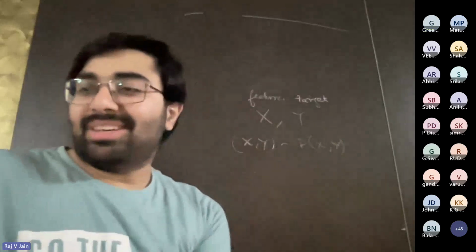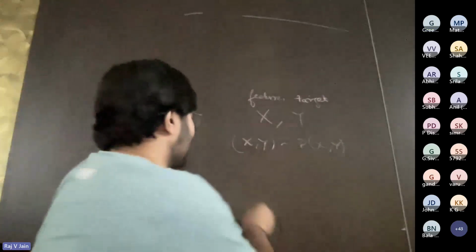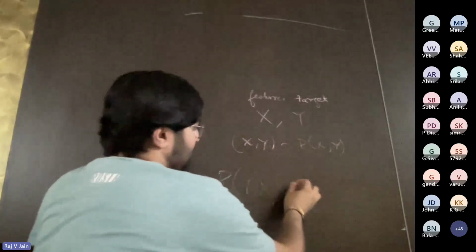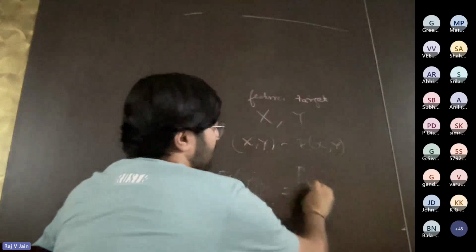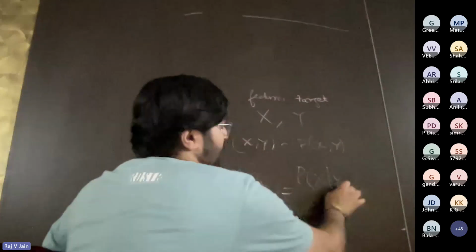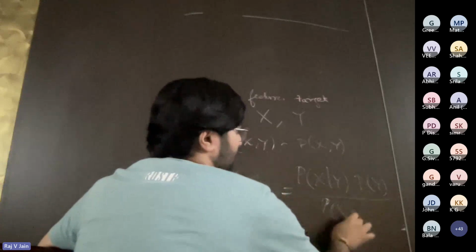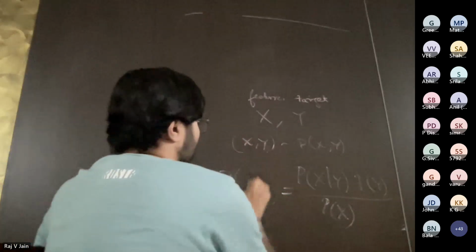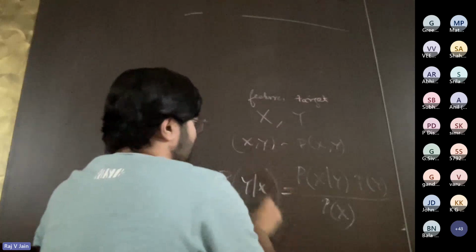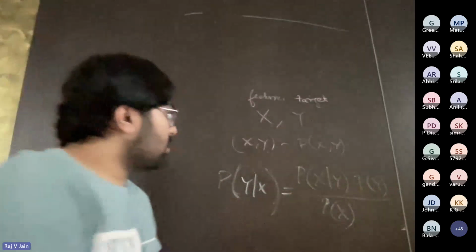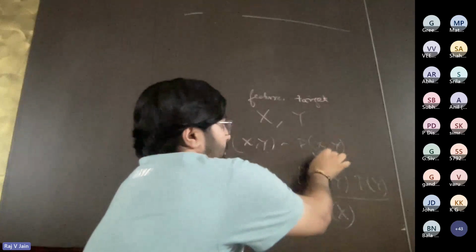Yeah, fine. So Y given X is, hopefully, X given Y into probability of Y by probability of X. This is what I'm talking about. This is termed as likelihood.